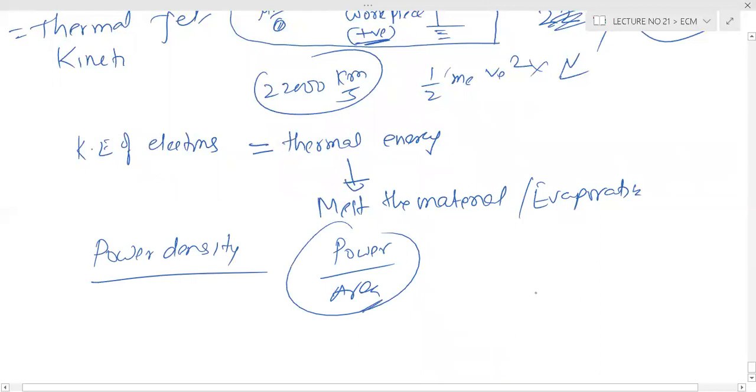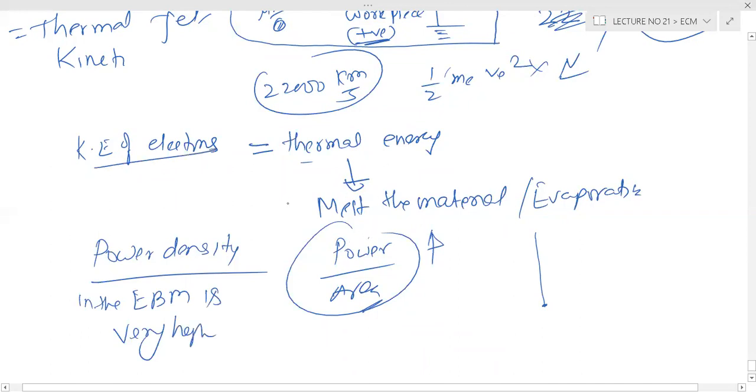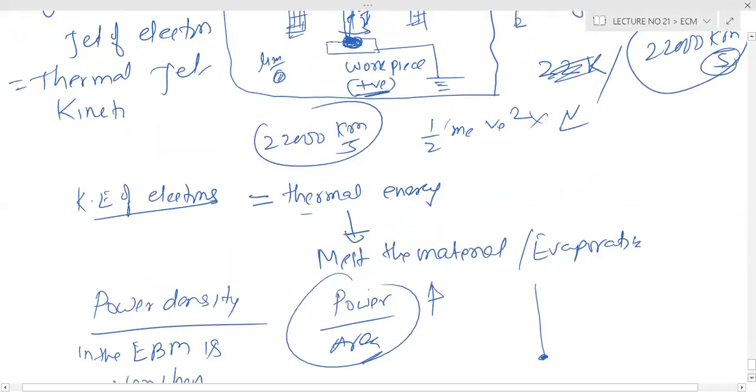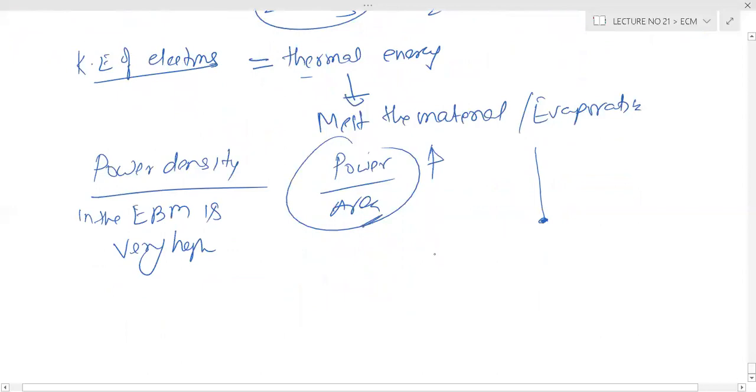The spot where the electrons hit is very small, so the power density in this process, in EBM, is very high, because the power, that is kinetic energy per second, is concentrated on a very small area. Then it melts and evaporates.